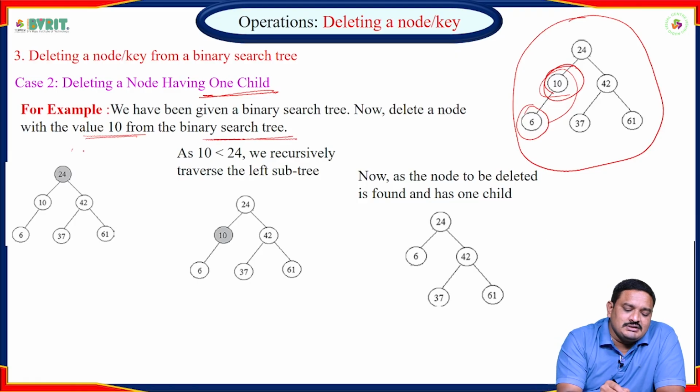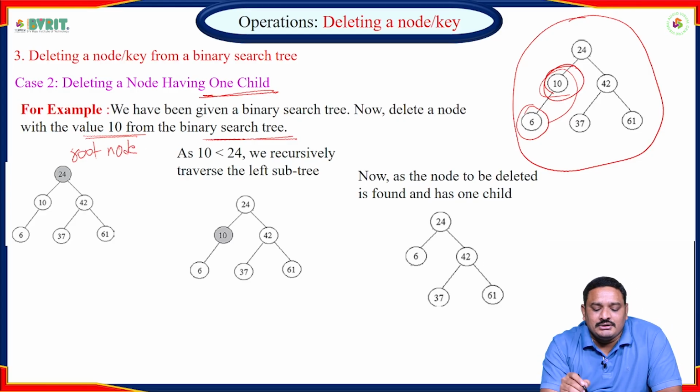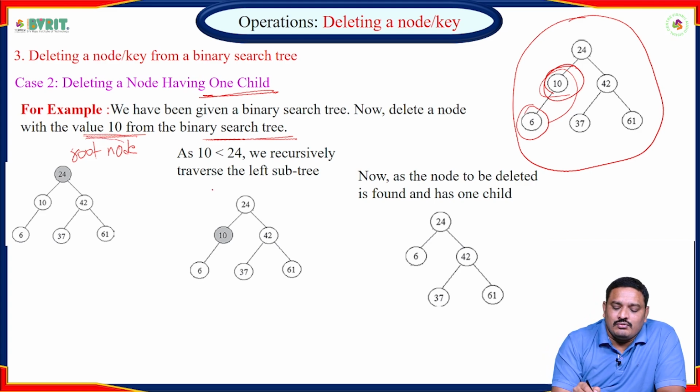Initially, the search starts from the root node. The value 10 is being deleted. 10 is less than 24, so we traverse the left subtree.